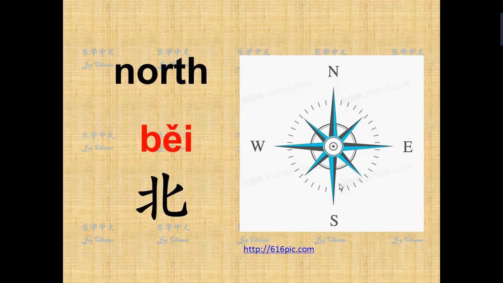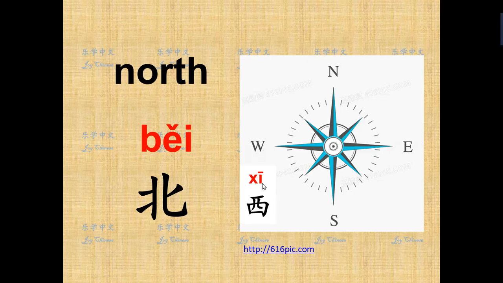Next one, I would like to introduce the direction, north. It's bo, a, bei, means north, the direction. Let's practice something we have learned for west and east. West. Do you remember what that is?